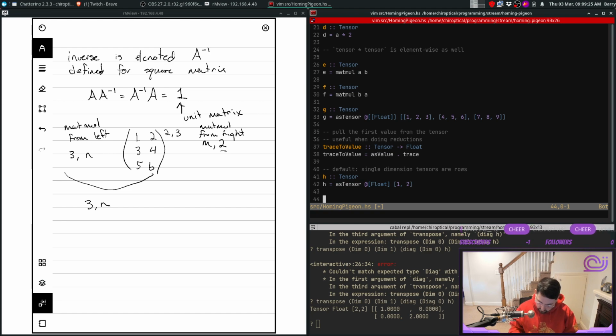Or sorry, 3 by 2, because this is our m in that case. And then this one will generate 2 by 2, I guess. Is that right?